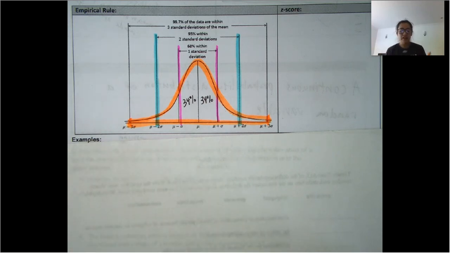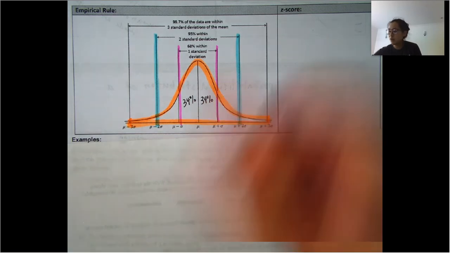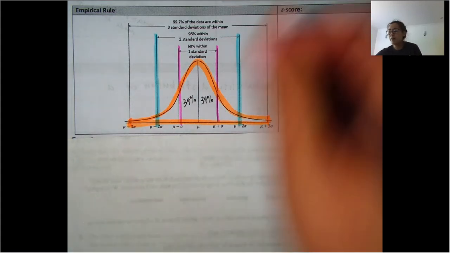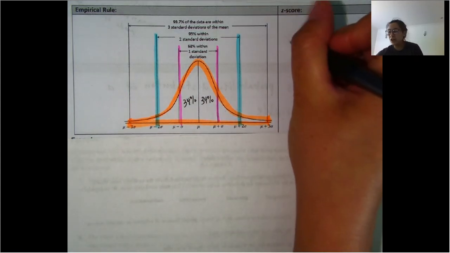This is highly related to our z-score. The z-score is the number of standard deviations away from the mean. We're not going to get into this as detailed as you would in a statistics class, but just keep this in mind so you know what it means.